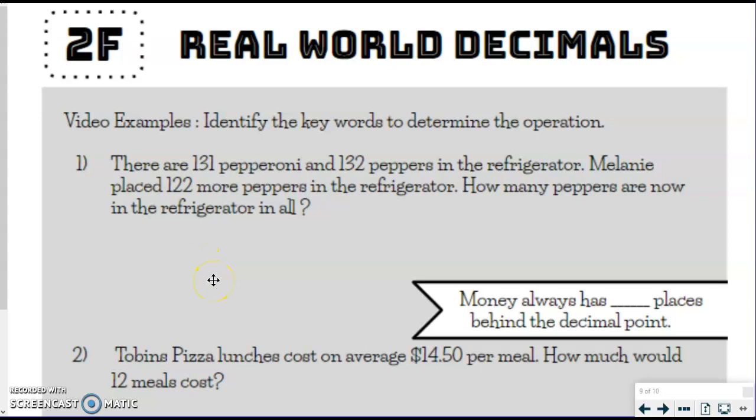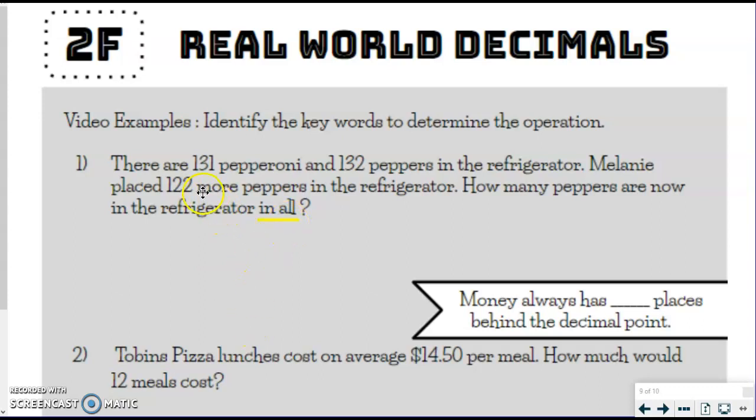So first one, there are 131 pepperoni and 132 peppers in the refrigerator. Melanie placed 122 more peppers in the refrigerator. How many peppers are now in the refrigerator in all? Okay, so I'm definitely noticing the in all here.